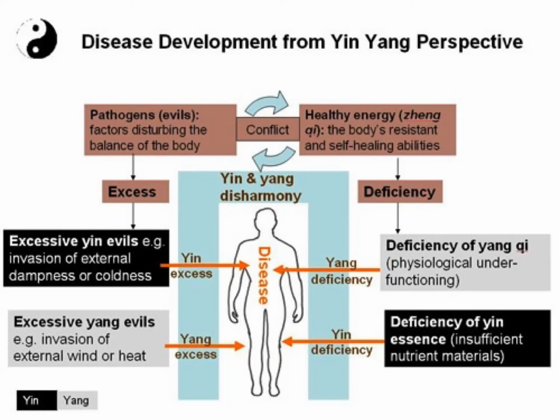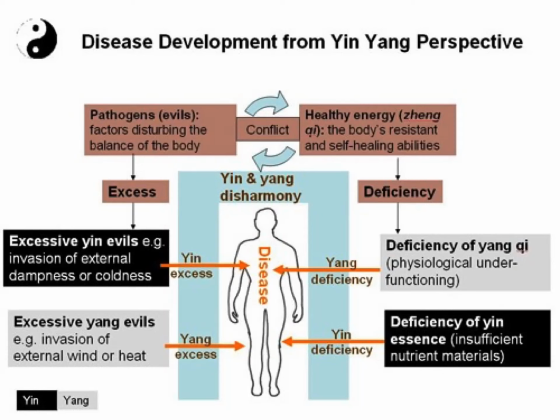Now, on the other side of the spectrum, if you have yang qi deficiency, this is a physiological under-functioning. That means if your yang is very deficient, then it cannot actually control the yin. So welcome niya po si external dampness or coldness.